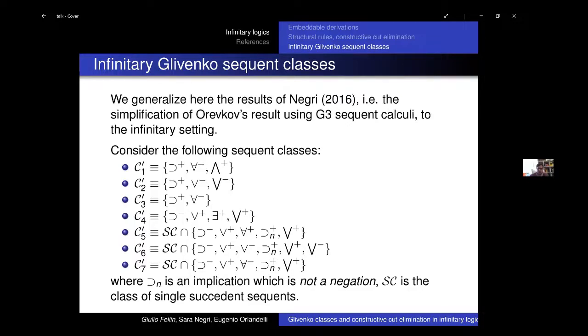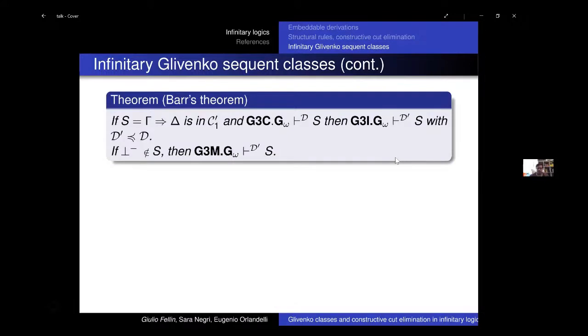If we consider the first class, what we get is actually Barr's theorem for infinitary logic. So if we have a sequent gamma arrow delta in the first class, and we have a derivation D of such sequent in the classical calculus, then we have a derivation D prime of that same sequent in the intuitionistic calculus, such that the intuitionistic derivation is embeddable in the classical derivation.